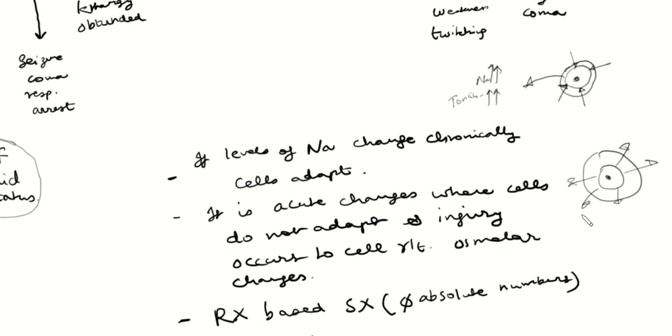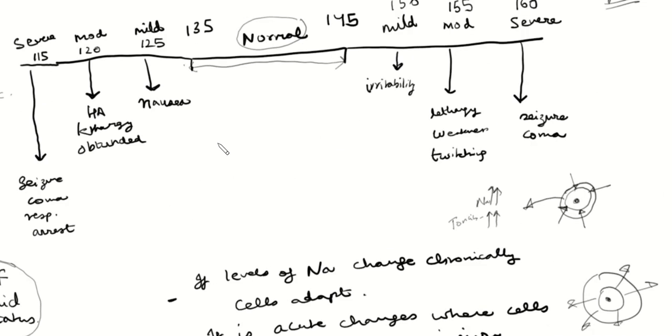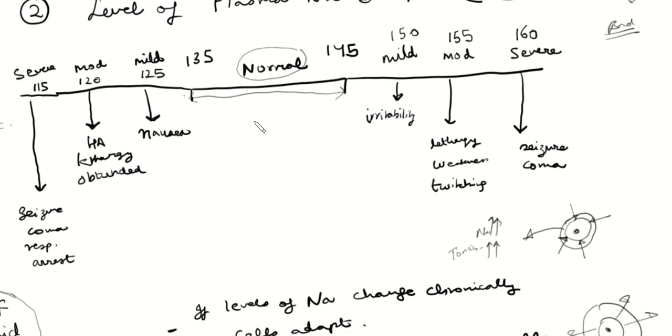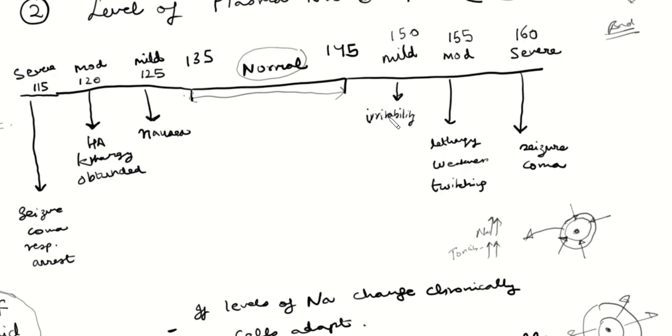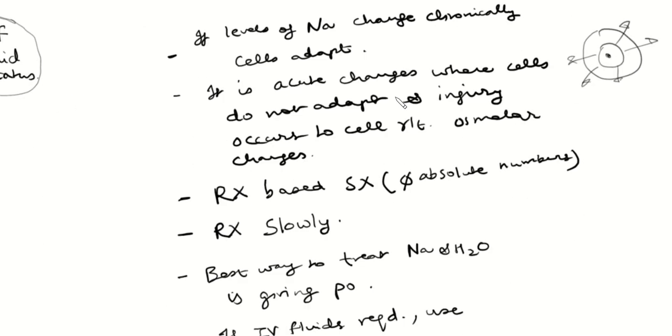So you see the symptoms, but also remember that the levels may not always give you symptoms because it has to do with their clinical course and how quickly those levels have changed. Okay? The treatment is based on symptoms, not absolute numbers. Okay? That's principle 1 for treatment.